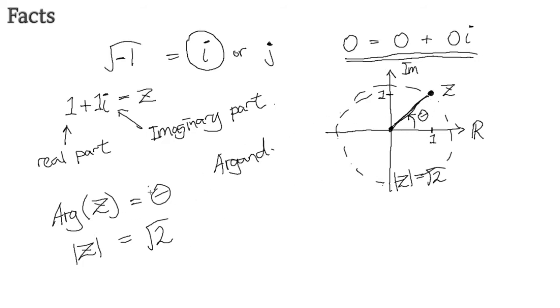Then the argument for this particular number should be pi on 4, because arctan of 1 on 1 is just pi on 4. Definitely use radians, because if you don't use radians for Argand diagrams, then it doesn't make sense. Argand is defined using radians.